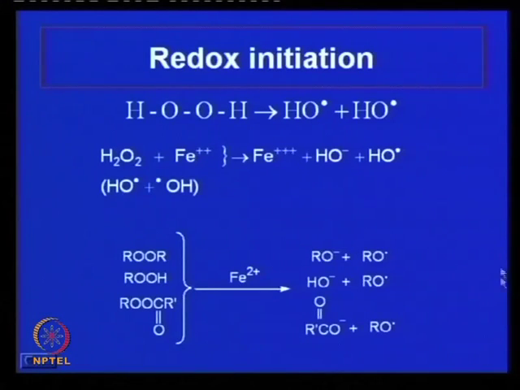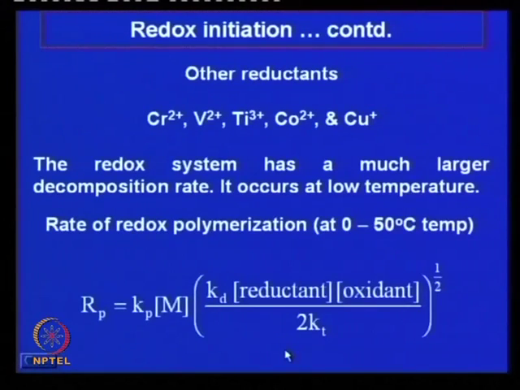This gives the same thing, a general system of peroxides, acyl peroxides, etc., and decomposition into free radicals and ions. Other reductants which can also be used are chromium, vanadium, titanium, cobalt and copper in the reduced state.